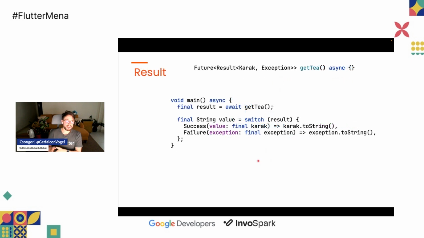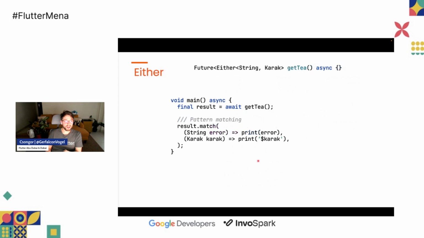Because here we would have pattern matching, and we could also easily reduce the implementation by handling the match operations, because fpdart also supports and has successfully adopted the latest language features of Dart 3.